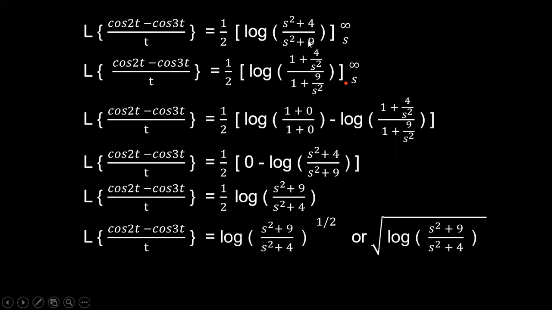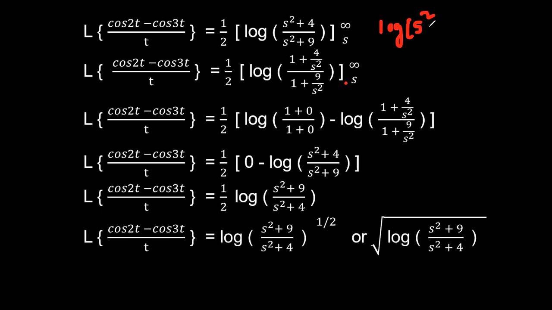Now that has to be converted as 1 by 2, log of, we got f dash x by f of x type.